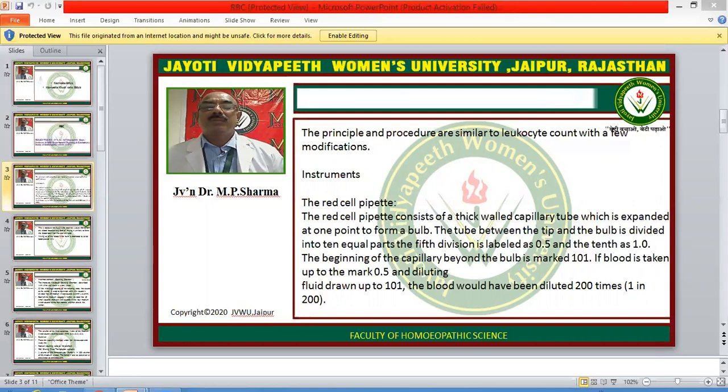If the blood is taken up to the mark 0.5 and diluting fluid drawn up to the mark 101, the blood would have been diluted 200 times. That means 1 in 200.